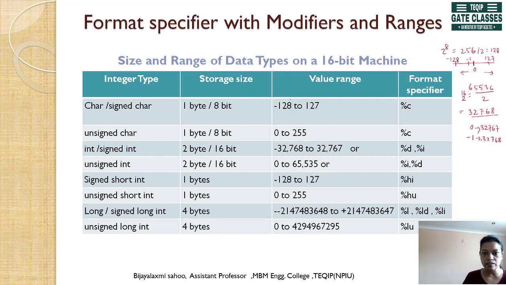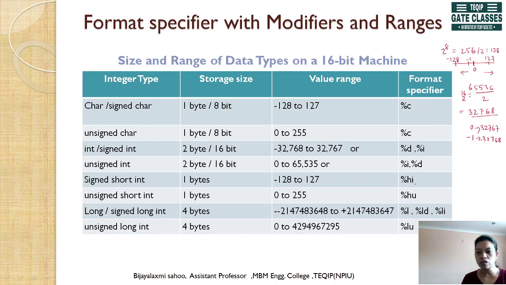So for signed character, the range was -128 to 127. So I am copying the range as it is over here, because it is a signed number and short means it is 1 byte. Okay. So for short signed integer, the format specifier used is %hi.